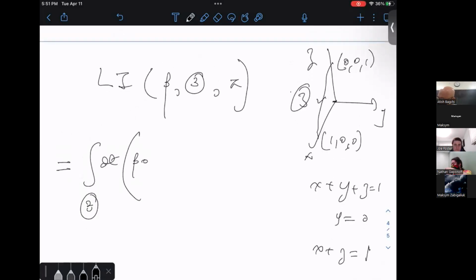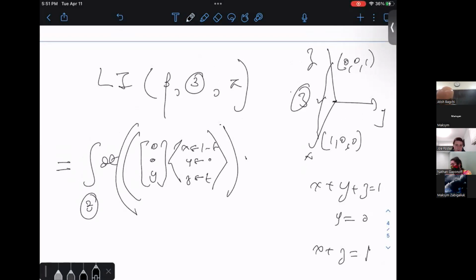So that would be 0, 0, y with this substitution, x replaced with 1 minus t, y replaced with 0, z replaced with t, dotted with d/dt of (1 minus t, 0, t).